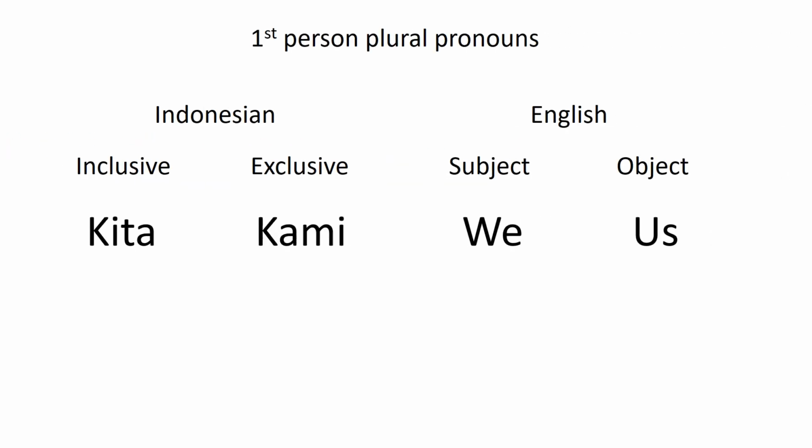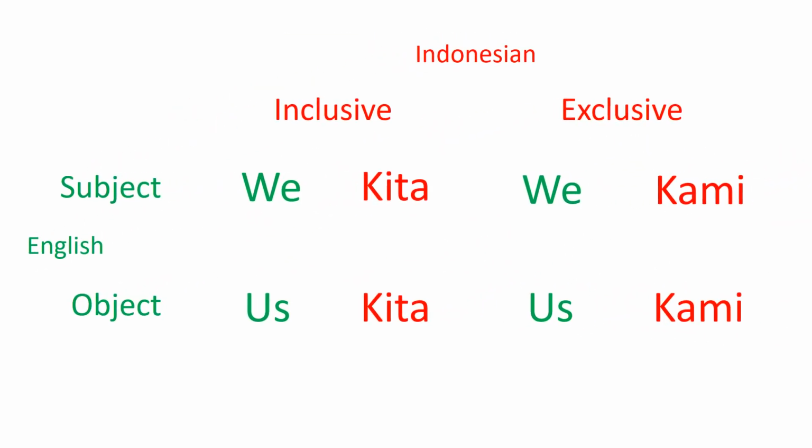The grammars of these two languages require speakers to make different kinds of information explicit through their choice of pronoun. Indonesian speakers can use either kita or kami for either subject or object, but must indicate if the addressee is being included or excluded. In English, neither we nor us indicates inclusion or exclusion, but each always indicates grammatical role.